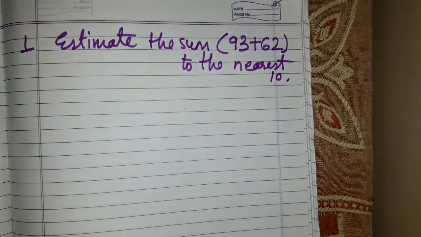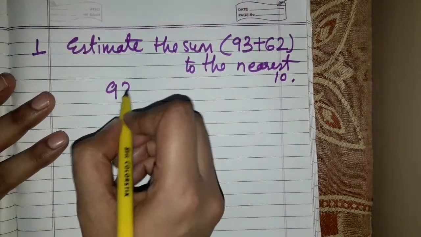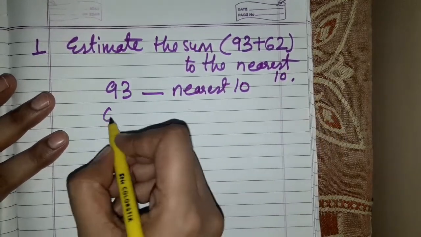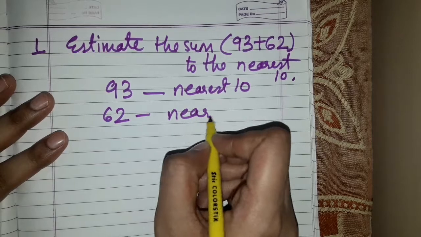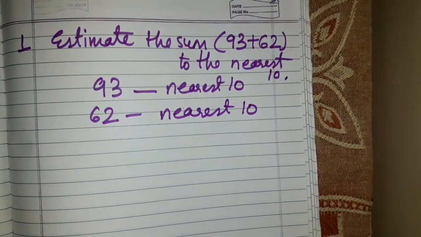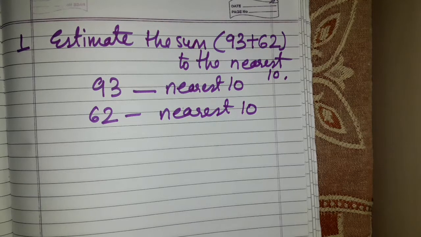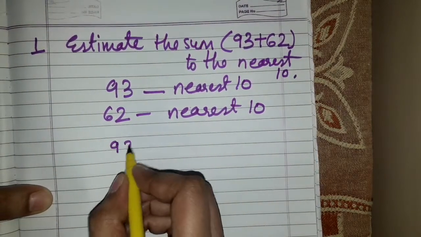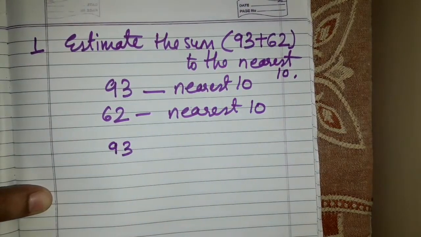Here I'll give you a simple trick. First take this number 93, round off to nearest 10. Take number 62, round off to nearest 10, and then take out the sum. It will give you the estimate of it, not the exact value, only the guesswork. For example, if I round off this 93, now I have to round off to which place value?